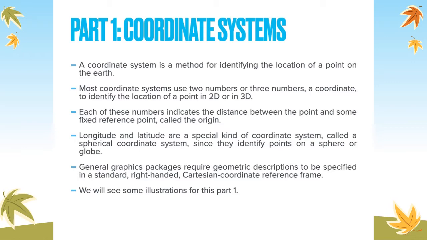Each of these numbers indicates the distance between the point and some fixed reference point, which we call the origin. You may be familiar with longitude and latitude, which are a special kind of coordinate system called a spherical coordinate system, since they identify points on a sphere or a globe.